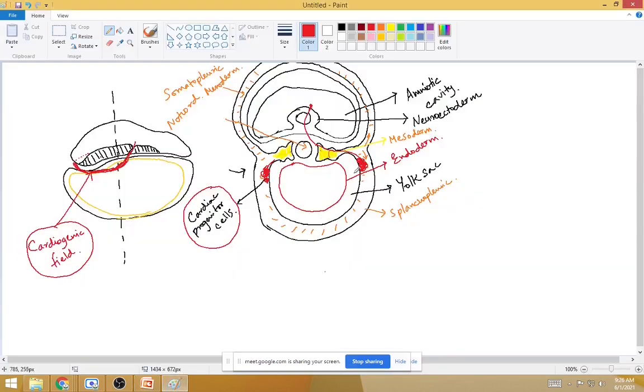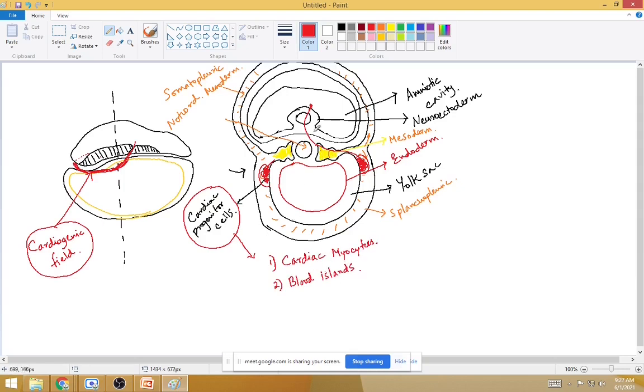Now soon what happens, these two areas, in the shape of a horseshoe, these cardiac progenitor cells will be forming first the cardiac myocytes, and second the blood islands. These are the two components.